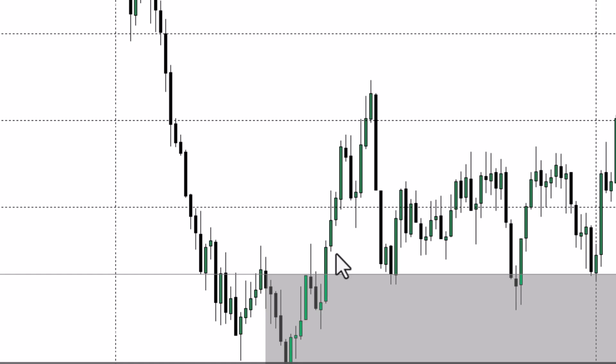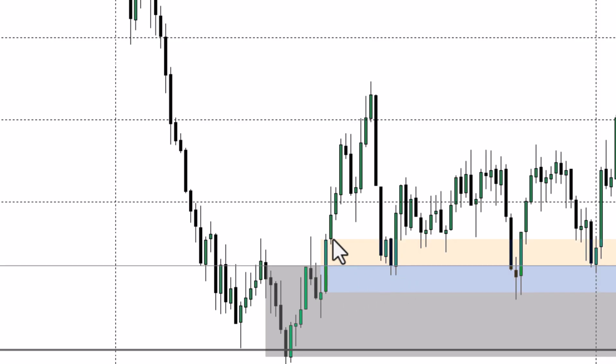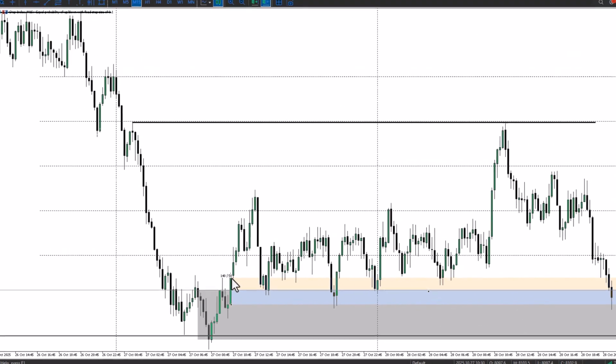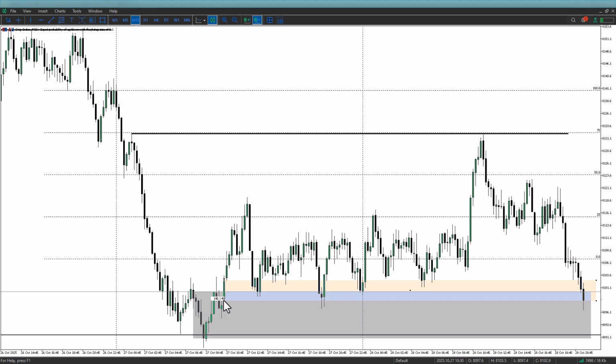This is how I teach you to annotate your fair value gap if it has a volume imbalance down here. So here is how you draw your inefficiency. You draw it from the volume imbalance all the way up into the fair value gap high as well. If it has another volume imbalance, then you anchor your inefficiency fair value gap to that upper volume imbalance as well.